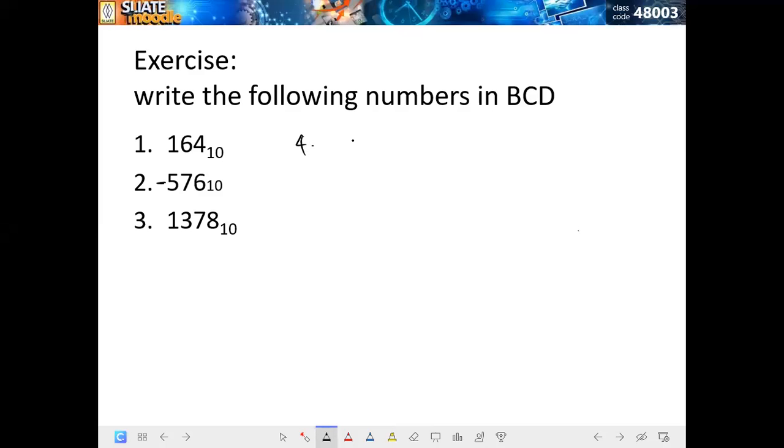The fourth one is minus 1273, in packed decimal. So try to do this one, minus 1273 in packed decimal format. This is the last exercise in this one.